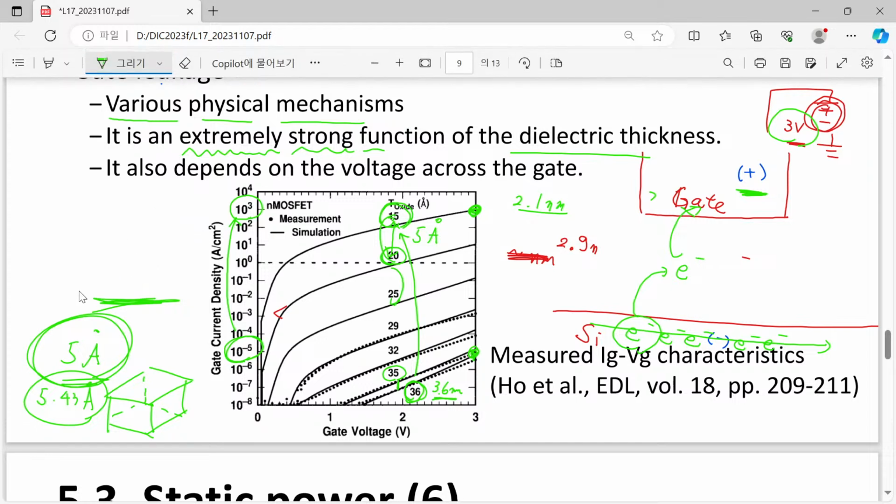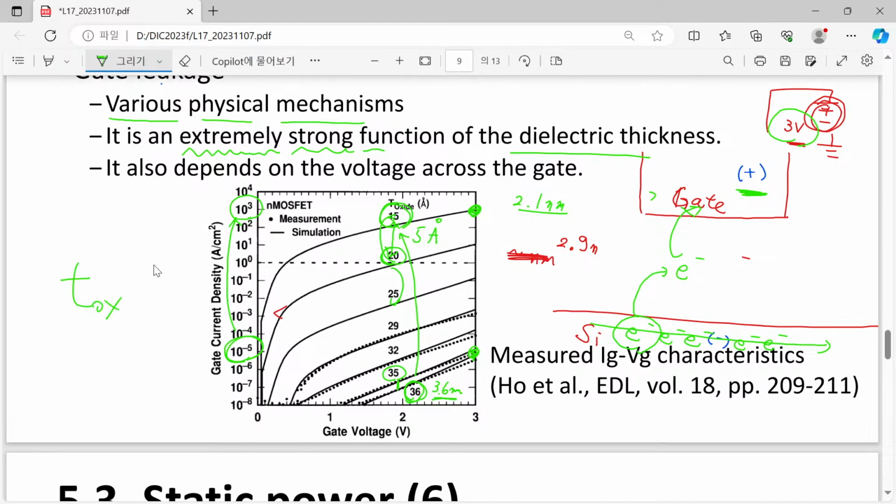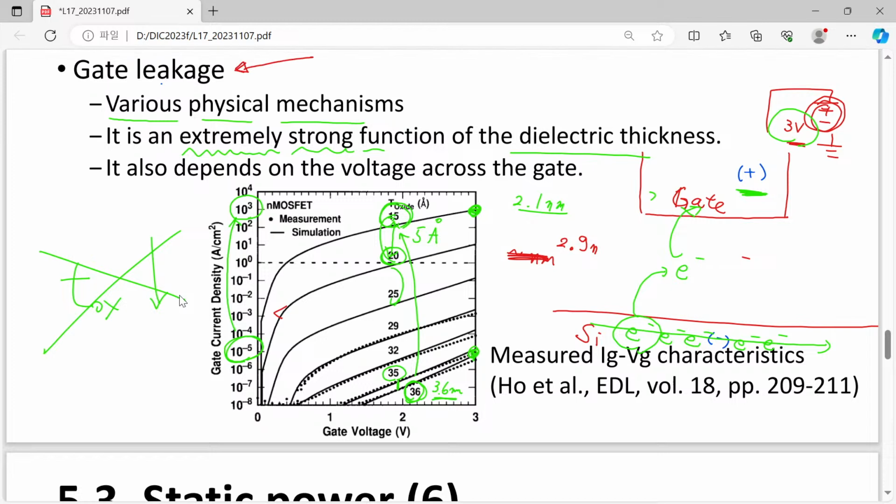So its message is quite straightforward. Do not scale down your oxide. This is prohibited because, of course, when you decrease your oxide thickness, the positive effect is that you have inversely increasing oxide capacitance, and oxide capacitance is the most important quantity when we consider CMOS technology.